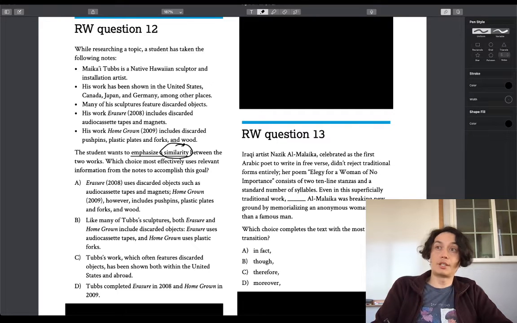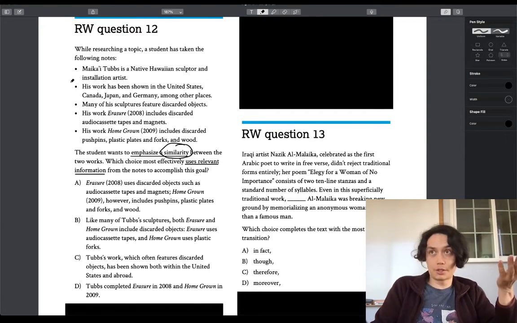This is going to set up a standard, and then these answer choices need to use relevant information from the notes to emphasize a similarity. So we're going to need both. It needs to be about a similarity, and it needs to use information from this. So I'm going to read this looking for a similarity between the two works, between the two things.